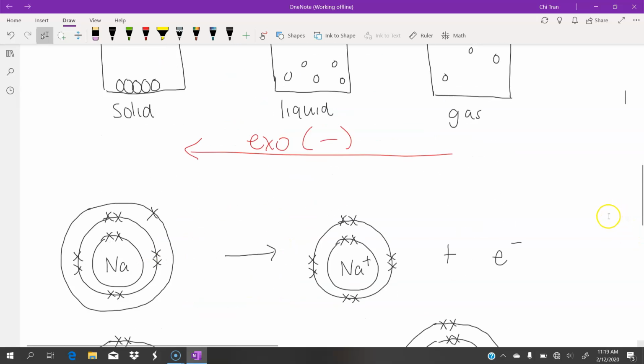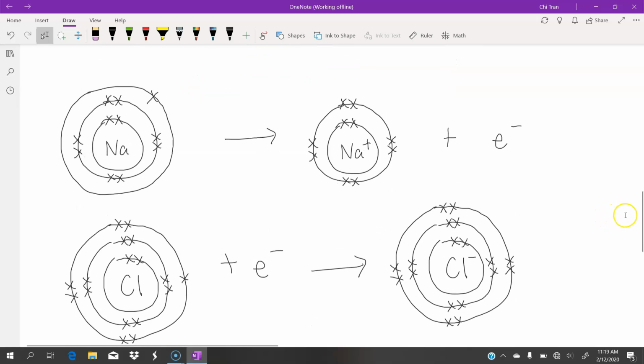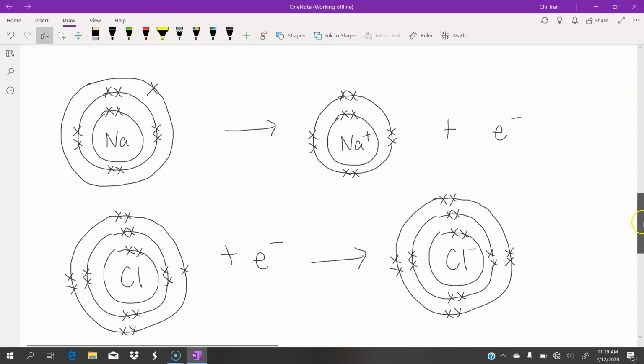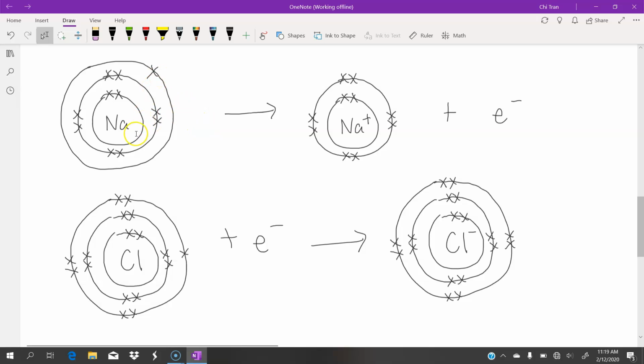So moving on to the next example, it is the removal or gaining of an electron. So here we have a removal of an electron, and that is an endothermic reaction because energy is required to be absorbed by the molecule to be able to remove this electron from its valence shell to produce a positive ion.